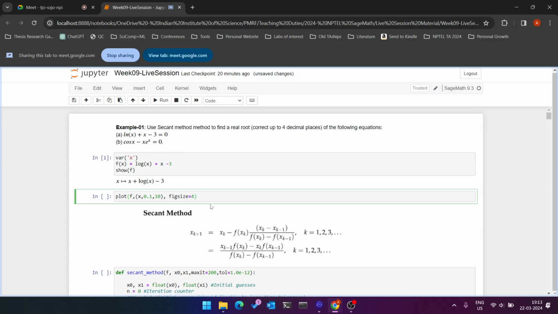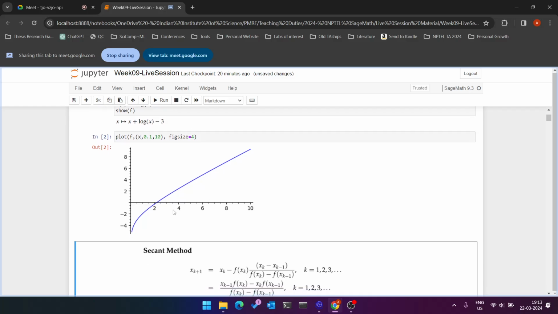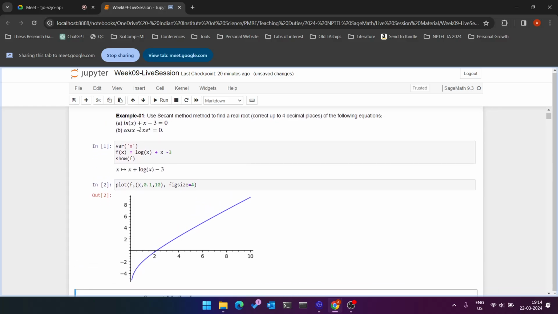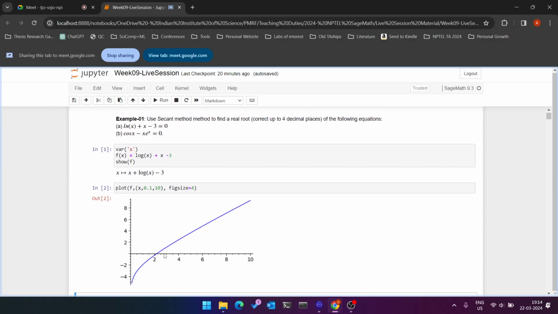So if I plot the function, I see a root lying somewhere between 2 and 4, and it seems that the function is monotonically increasing. It's quite straightforward to think of it so, because as x increases, both log x and x increase, making this whole term go up. So there will be only one root, and we have to find that root.